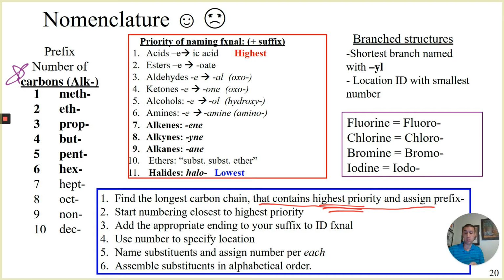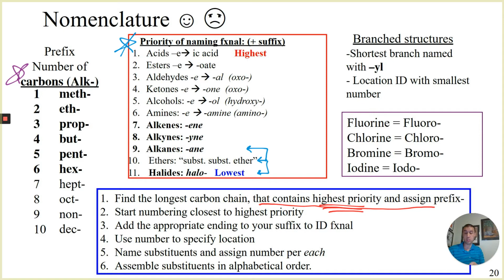Well, the priority of those functional groups is now listed in that red box, where acids are our highest, and it works our way down. There are some gray areas. For instance, these two are roughly equivalent as far as nomenclature, and really alkanes, all three of those are roughly the same priority level, which means we'd have to move to other systems.